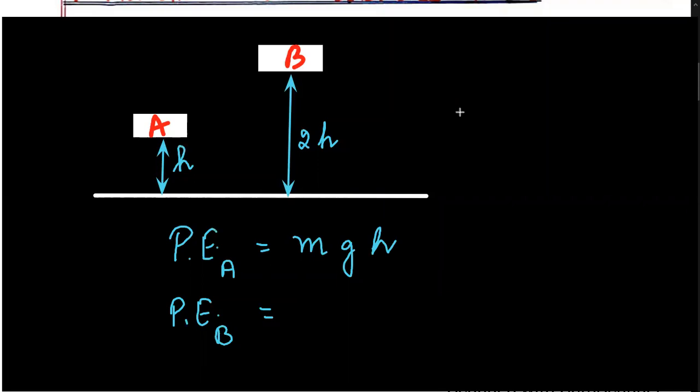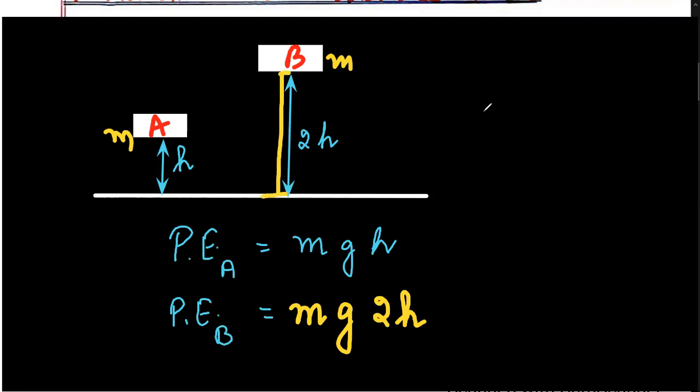What does it mean? It means that if A has mass m, the mass of B is also m. So potential energy of B can be written as m, g will be the same for both, but the height now will become 2h, since the height from the ground is 2h.